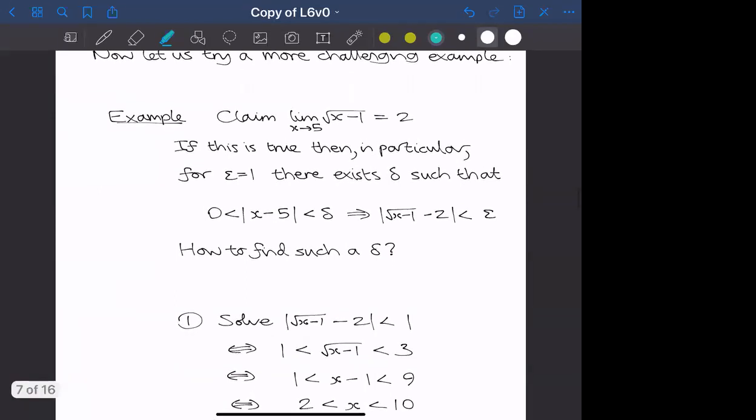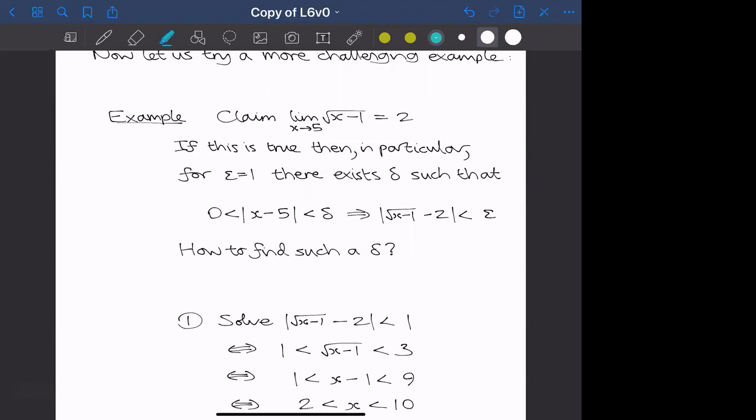So first I'm going to prove a bit of it. So to have a limit, we require a delta for every epsilon. Let's just find a delta for a particular epsilon. Epsilon equals 1. So certainly we'll need to be able to find a delta for that one epsilon. So epsilon equals 1.